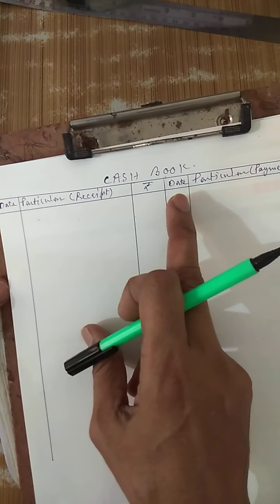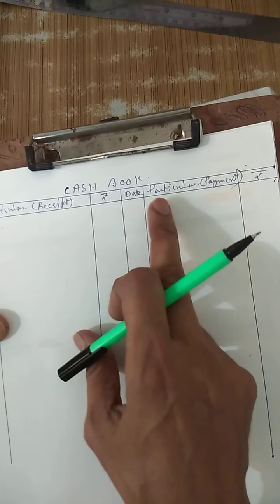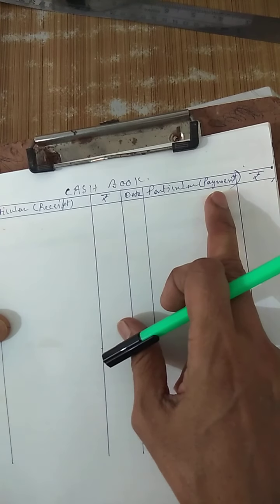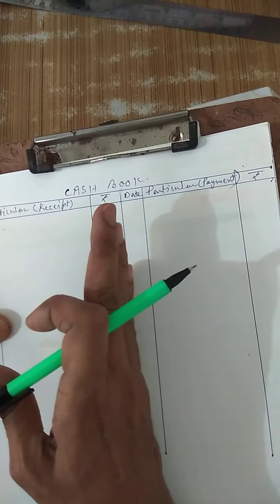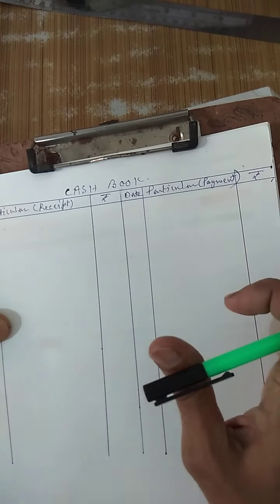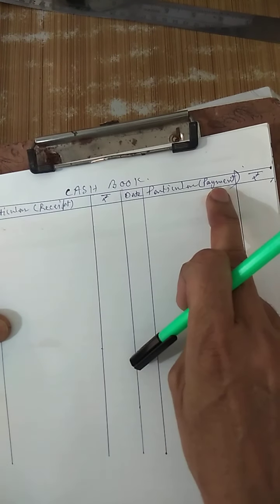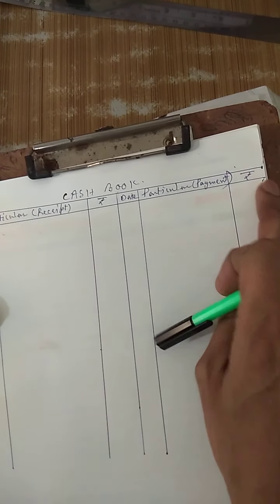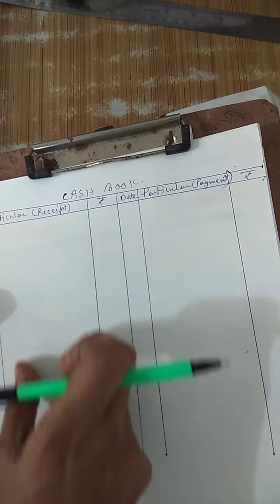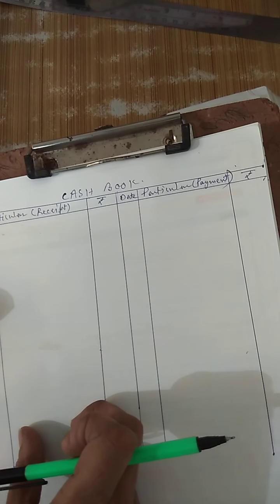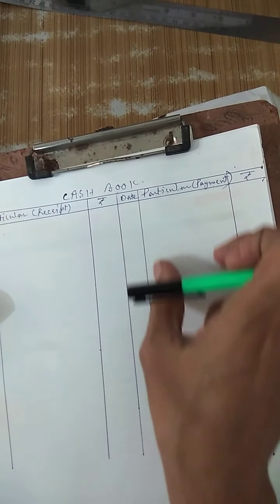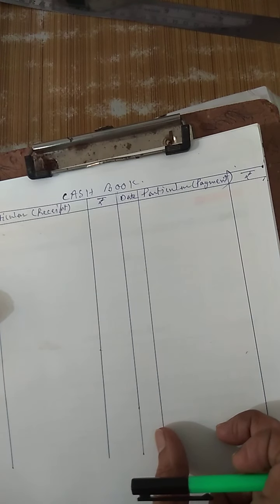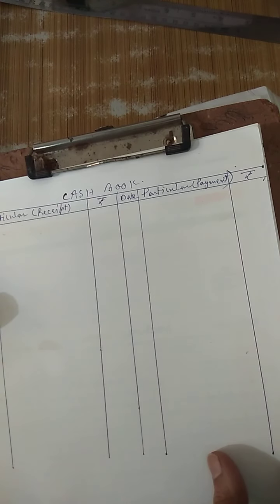Then rupees, then date again, particular or payment. The right side of the middle line is the payment side, then rupees. We will write any receipt in the debit side of cash book and cash payment in the credit side of cash book.